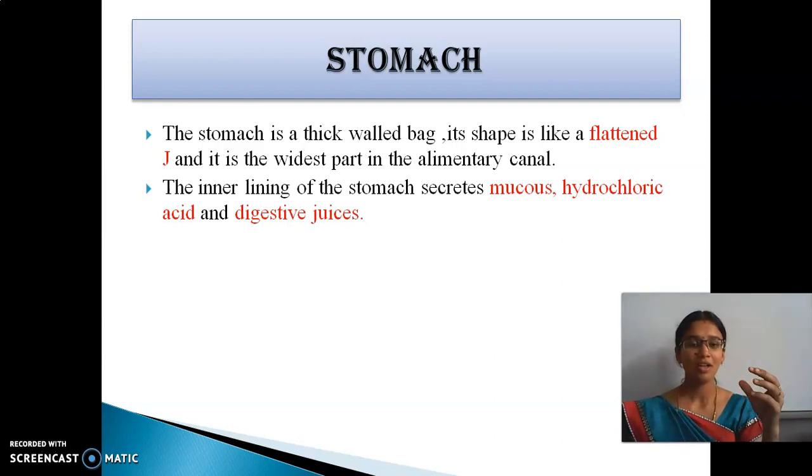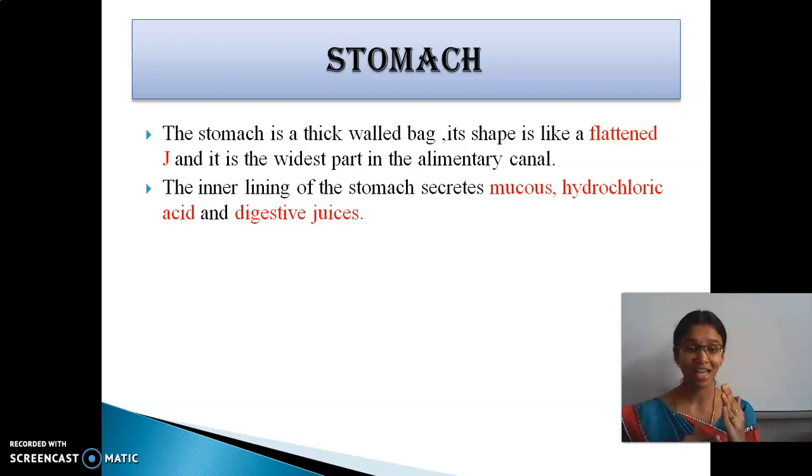What is the function of hydrochloric acid? Yes, tell me. It activates the enzyme pepsin, and this pepsin helps in the breakdown of protein.